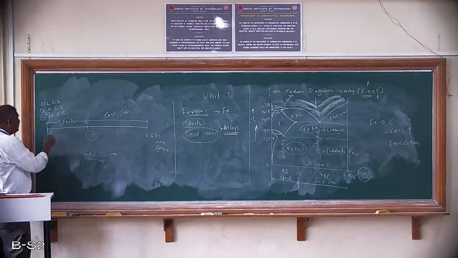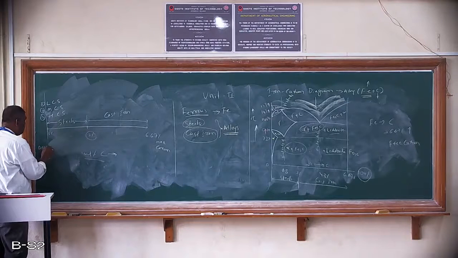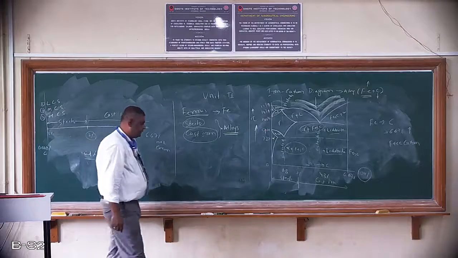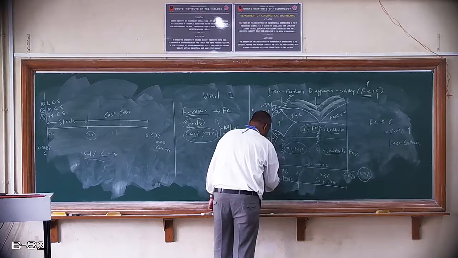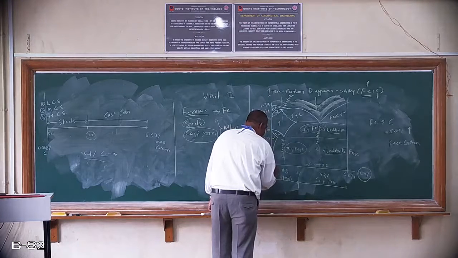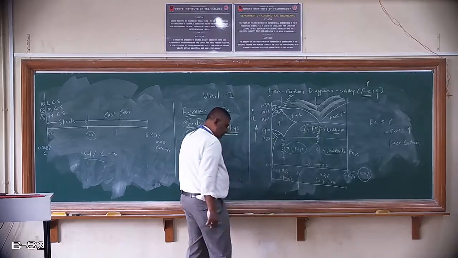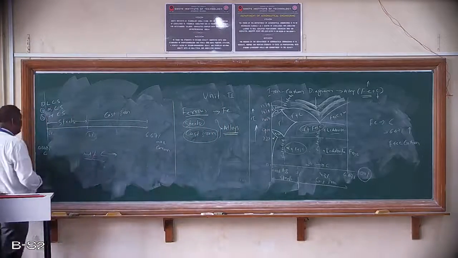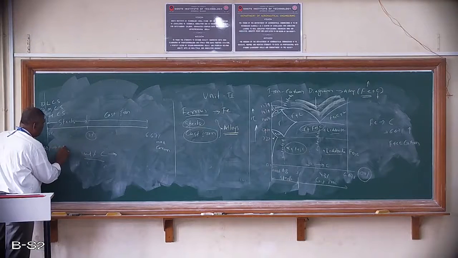So from 0, ideally speaking this is not 0, this is 0.008% of carbon. Okay, so hence I am not going to take it as 0, I am going to take it as 0.008% and up to 0.3%.